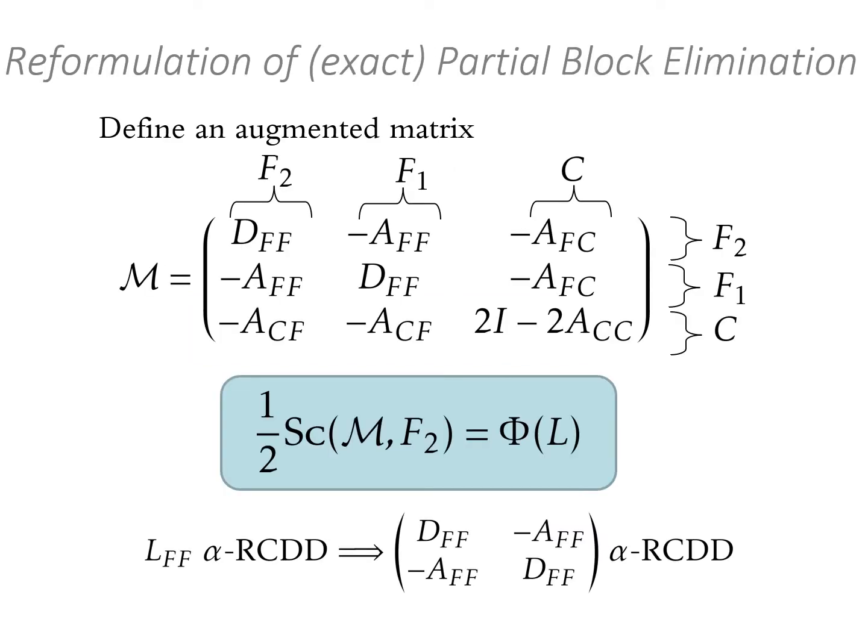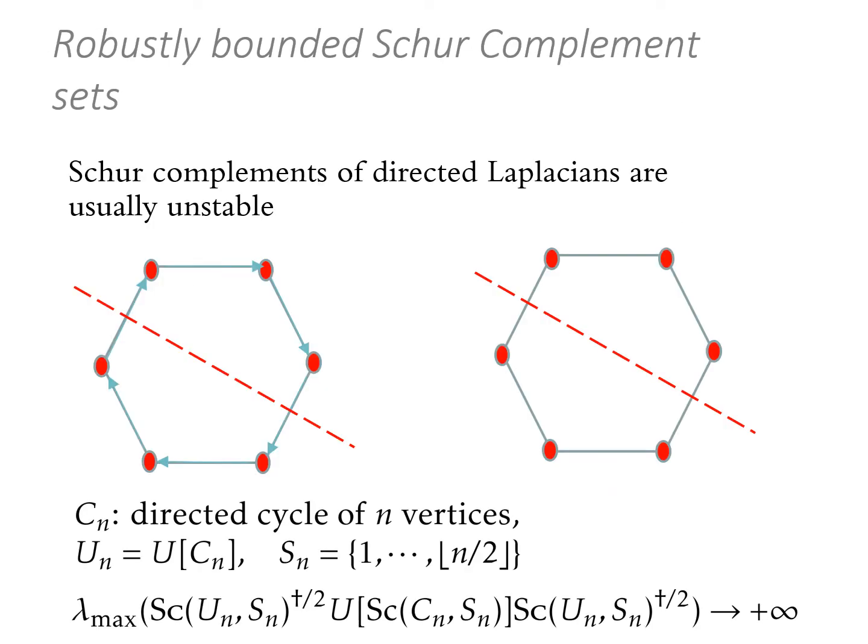For the first question, to better understand partial block elimination, we define the following augmented matrix, whose Schur complement coincides with partial block elimination. So it suffices to study the properties of this augmented matrix. In addition, its upper left block is also alpha-RCDD. To better understand the property of the Schur complement of the augmented matrix M, let's look at general directed Laplacians. Unfortunately, for general directed Laplacians, their Schur complements can be very unstable.